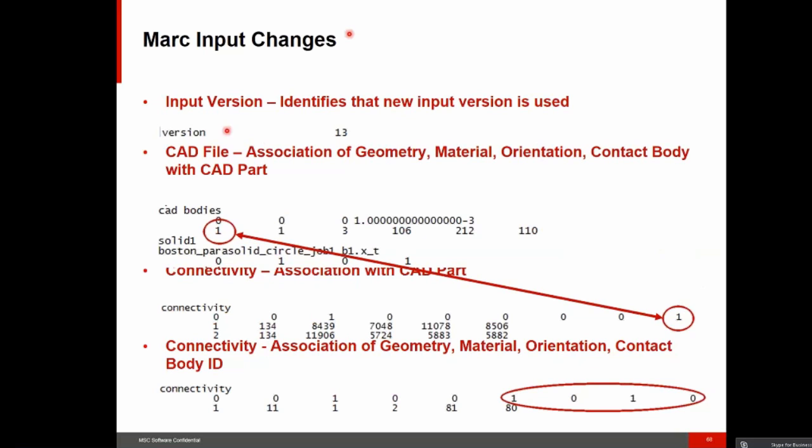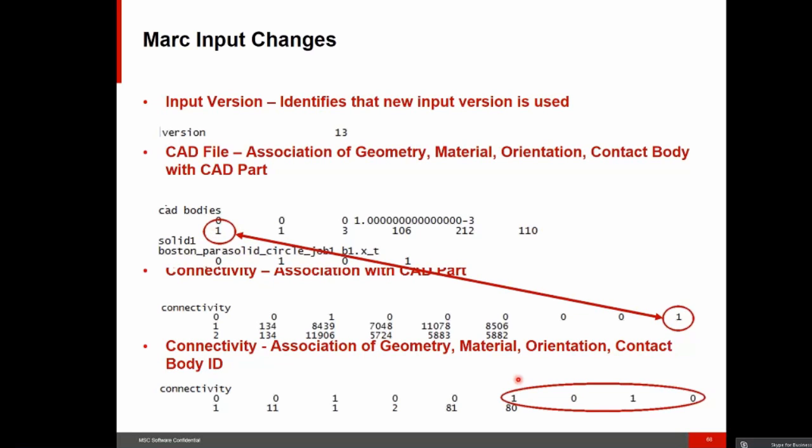If you're using MenCat, by default, you'll get version 13. You'll see things like the CAD body, if there were CAD models, geometry inside MenCat. You would then see that the finite element mesh is associated with this particular CAD body.